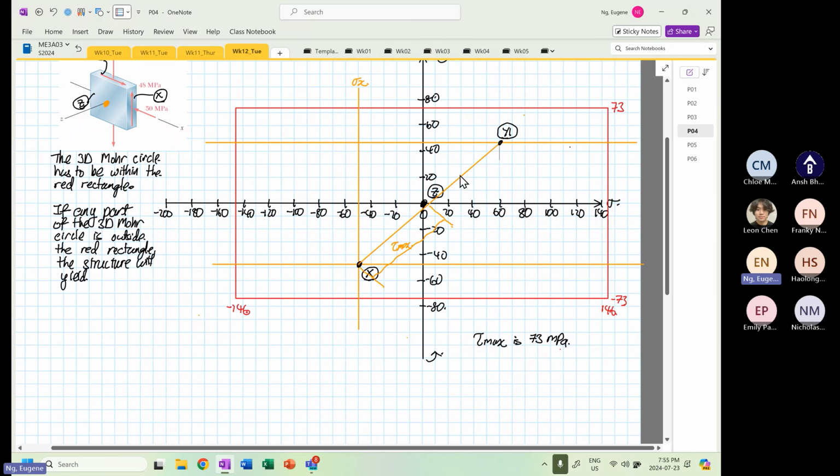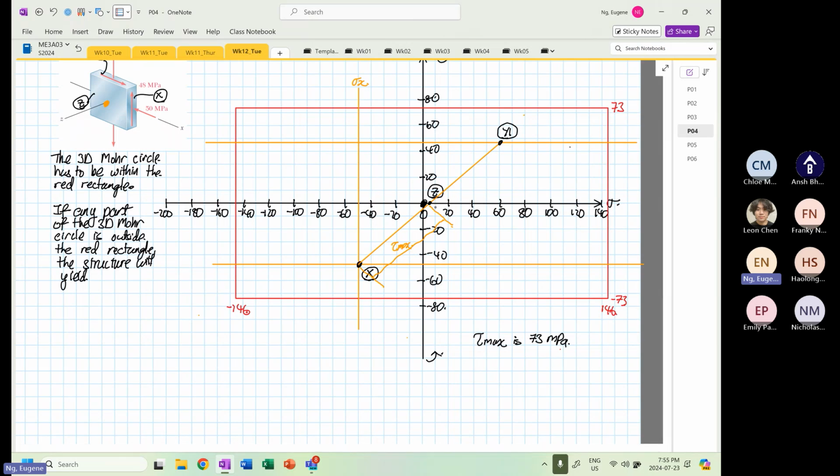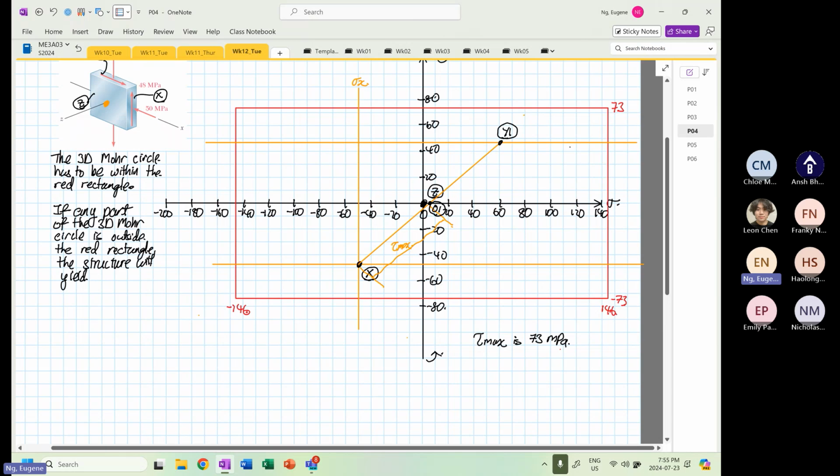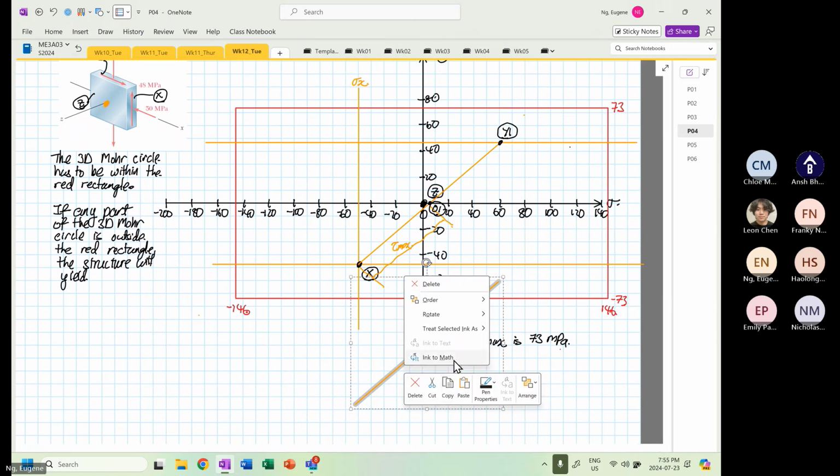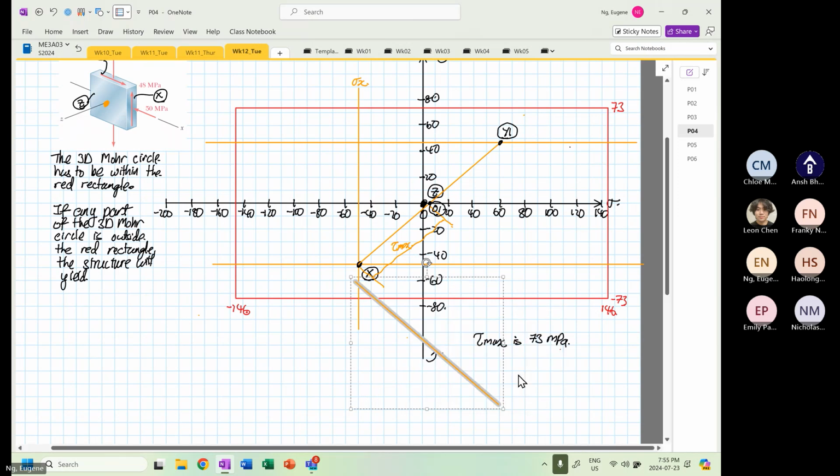The other possibility is when it intersects the zero shear stress, this is our O1. And then there's another possibility, and over here this is our Y2.